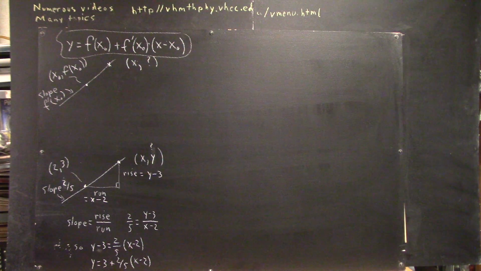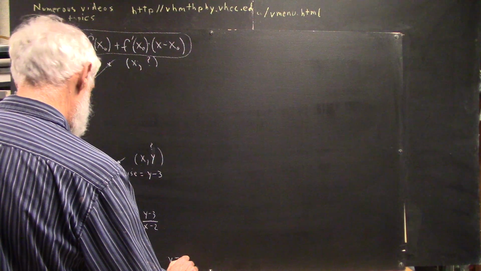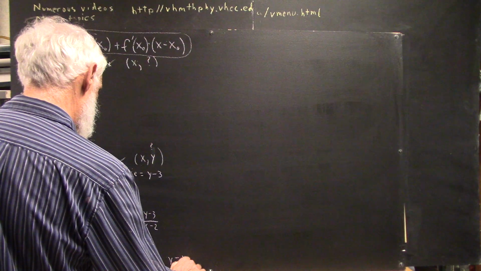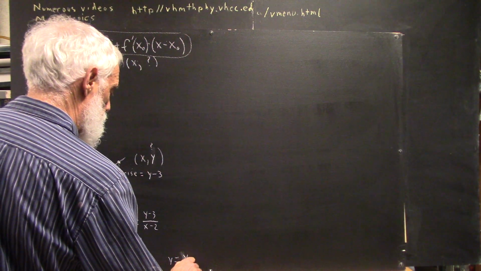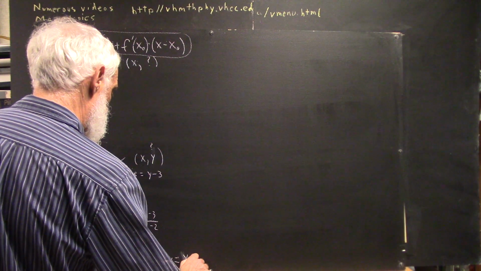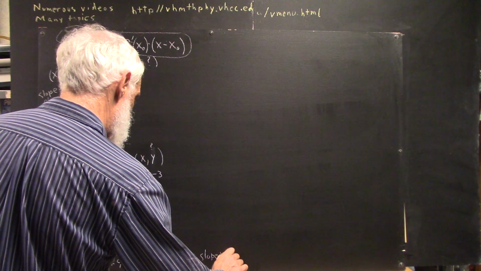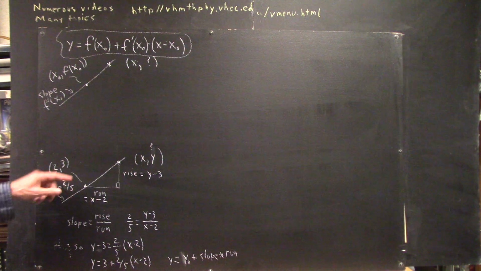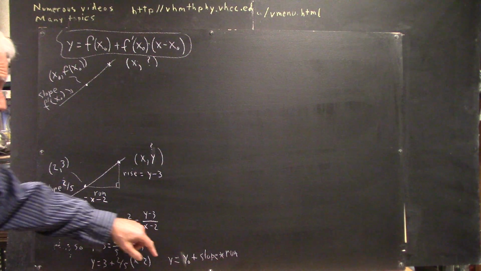So I could say that y equals, careful, y naught plus what? Slope times run. 2/5 of x minus 2 is 2/5 of the run, and that should be the rise, which would be y minus y naught.